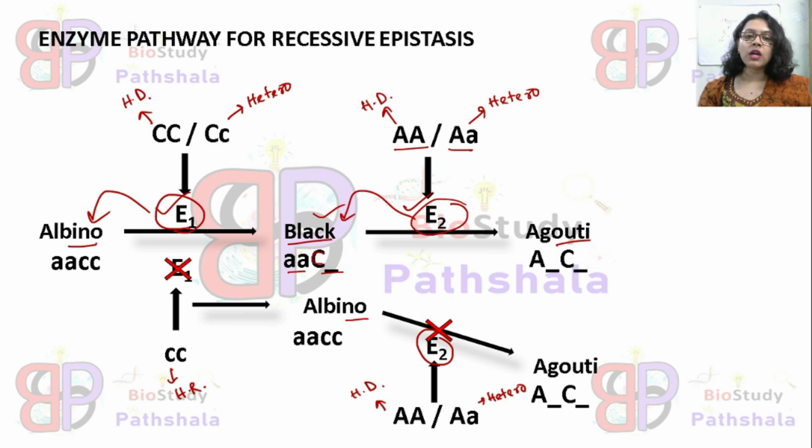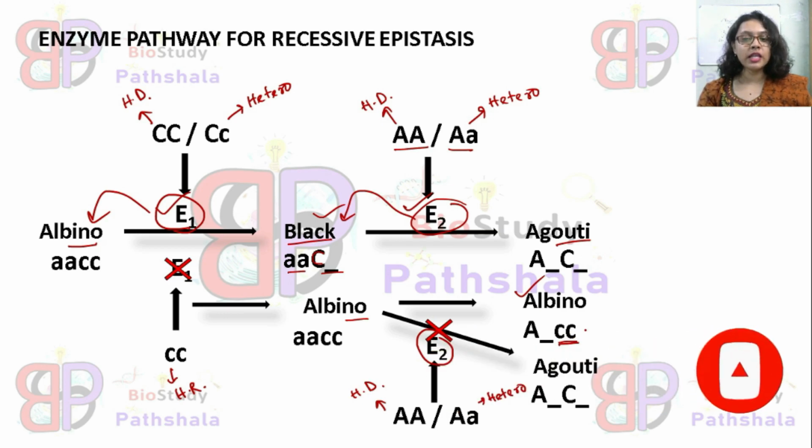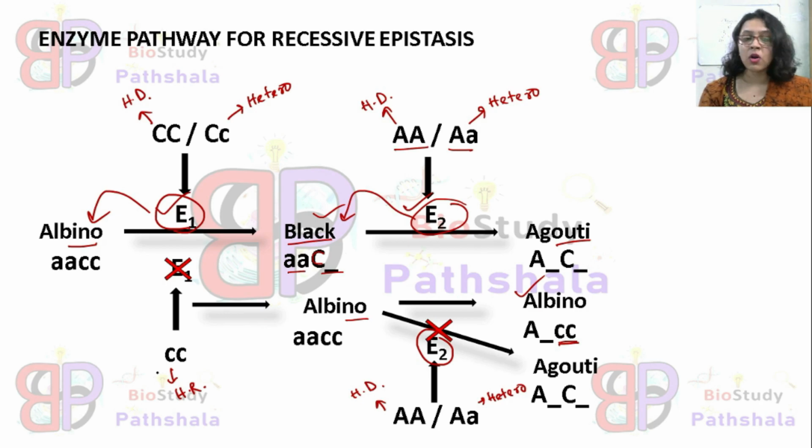So the albino coloration remains as it is, but this albino phenotype will be coded by capital A dash, small c. That means if small c, the homozygous recessive form of C gene, is present, the effect of A gene cannot be expressed, because it cannot lead to the formation of black color, hence the rest of the pathway remains halted.